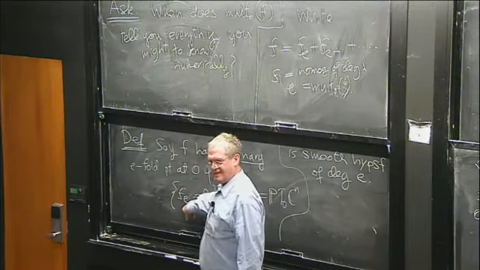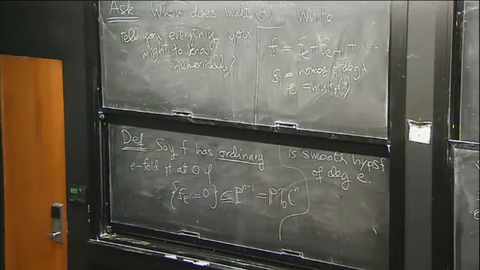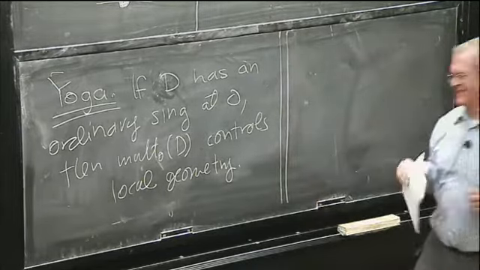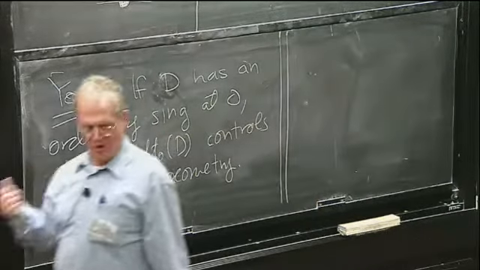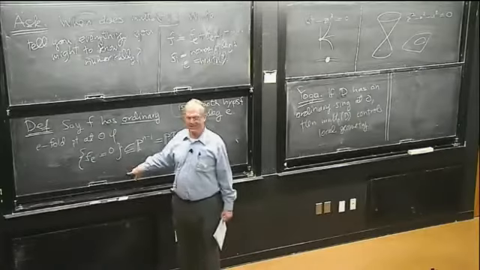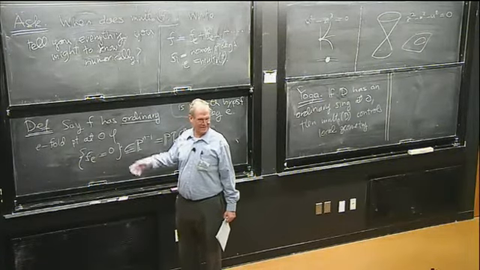So I'm just saying, this is a little bit vague, I admit, but just give me a few minutes, you'll see. The point is that we're trying to find numerical invariants of singularities. And what I'm claiming is that if you have an ordinary point of multiplicity E, E is the only interesting numerical invariant. That's not a theorem, but it's a yoga, it's a principle.